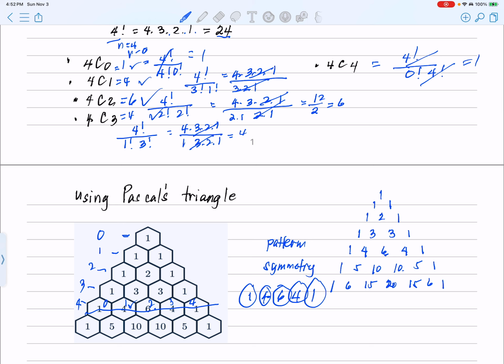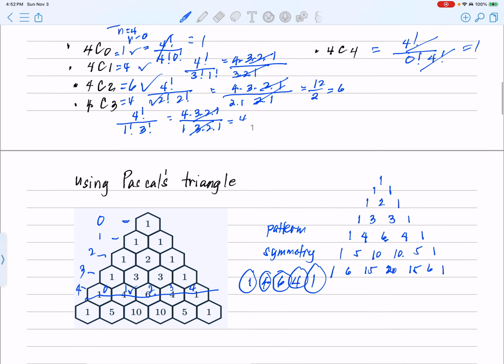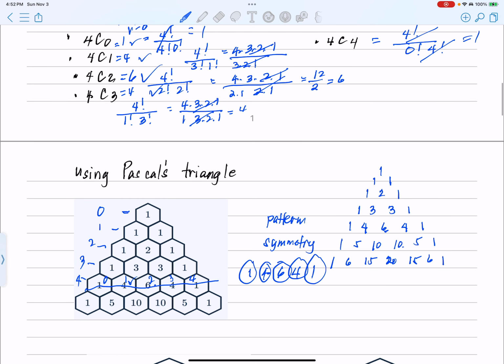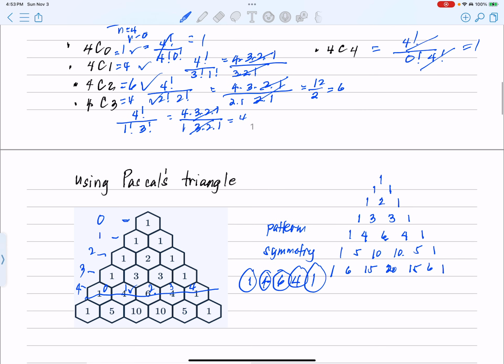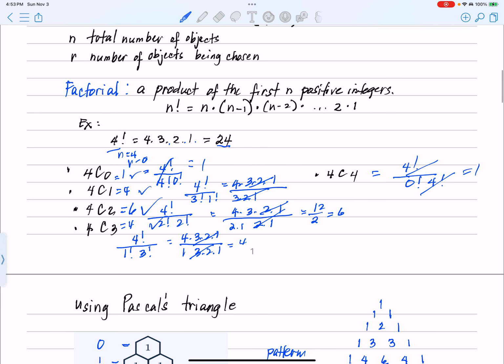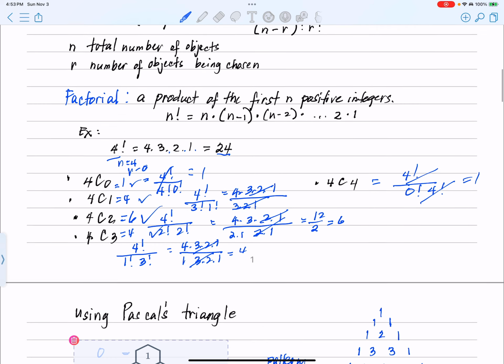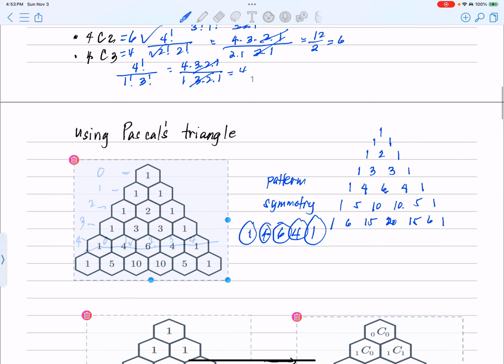And by using Pascal's triangle, you can get the answer right away without using the factorial or the combination formula. Just use Pascal's triangle.